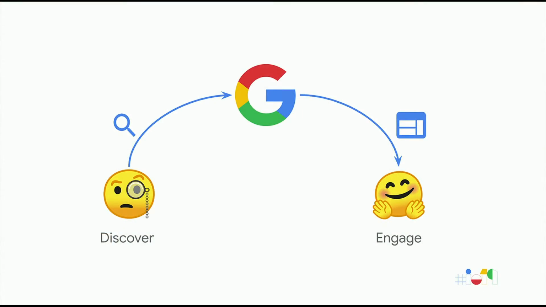Before we get started, let's take a look at the content ecosystem. For over 2 decades, Google Search has been helping creators to get discovered and helping users to find and engage with the great content. This has been very useful given the amount of content that's online.